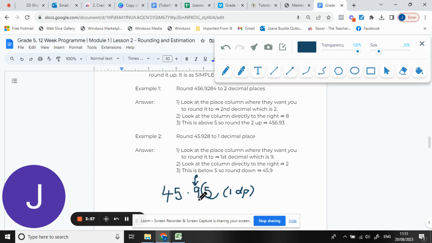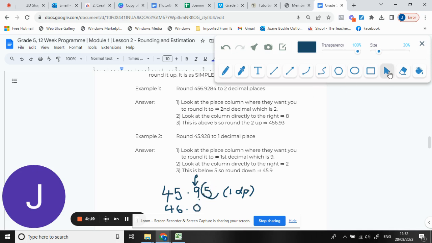So we're adding on 1/10. 45.9 goes to 46, okay? Now it's important that you write 46.0, because if you didn't include that 0, you wouldn't be rounding it to 1 decimal place. You'd be rounding it to no decimal places. So 46.0 would be your final answer of rounding that one to 1 decimal place.